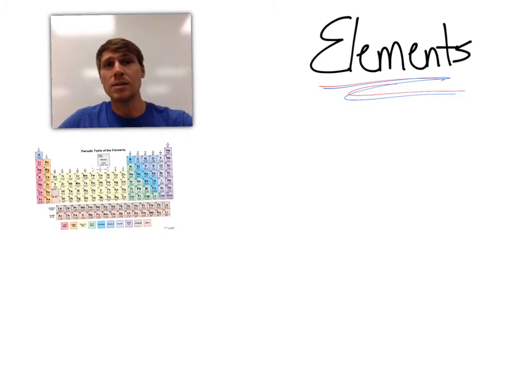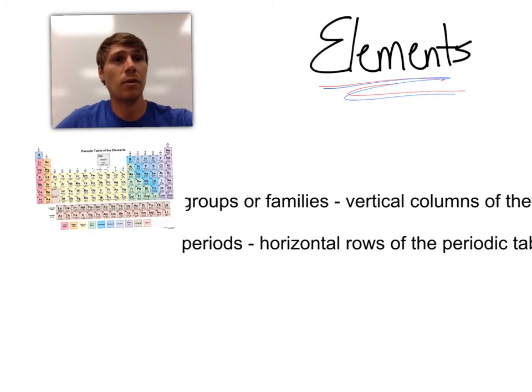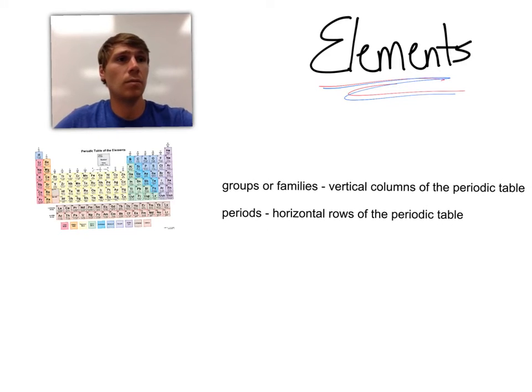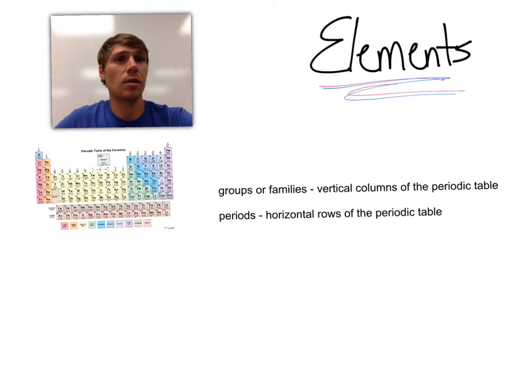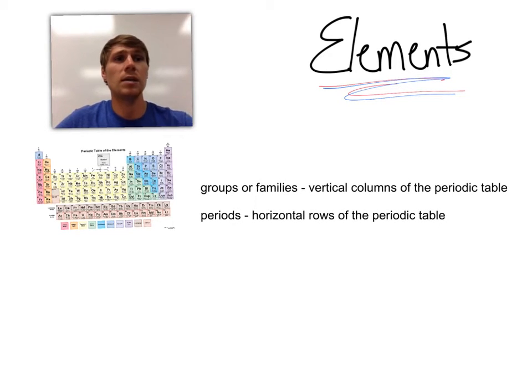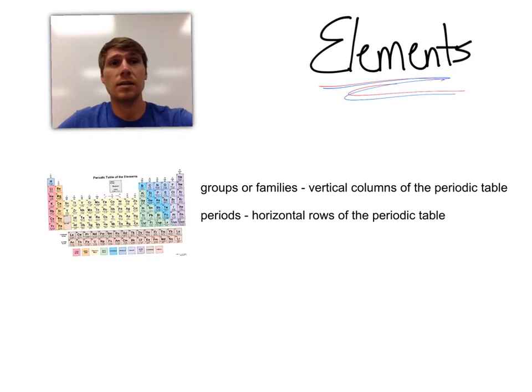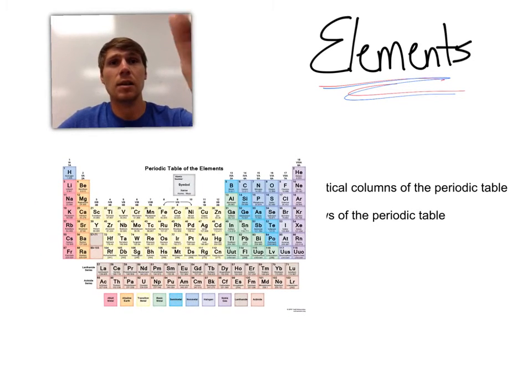So we're talking about the elements today. Now, on the periodic table, we have what we call groups, or families. A group, or family, is a vertical column on the periodic table. If we look at this again, a group is something that goes up and down.